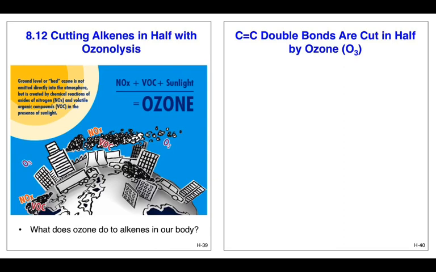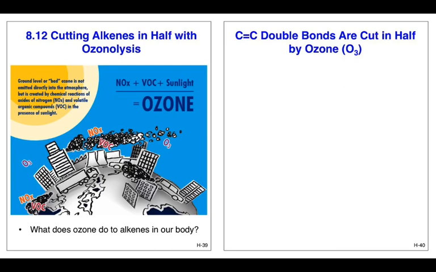Just to introduce the reaction and the reagent a little bit, I want to explain again what ozone really is. We're going to draw the Lewis structure in a second. The molecular formula is just O3, so 3 oxygens all bonded together. It's a reactive molecule, it oxidizes other molecules, and it's in the air. First of all, the ozone high up in the atmosphere protects us from dangerous UV radiation.